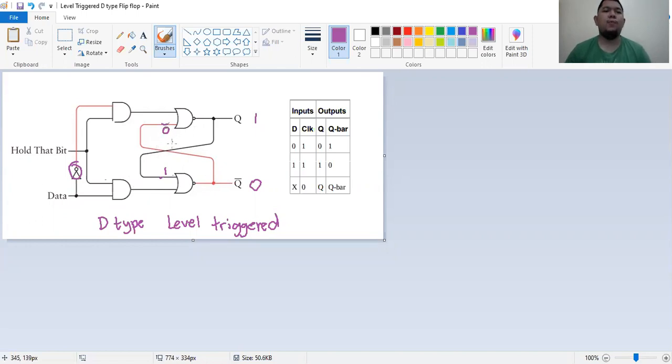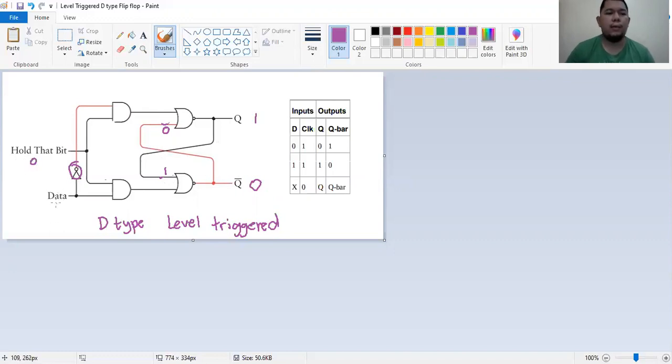So what if we want to change the value of the output? Let's understand first that nothing changes if we set the hold that bit to 0.